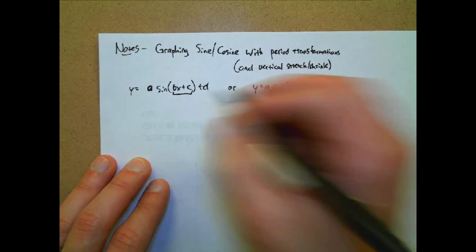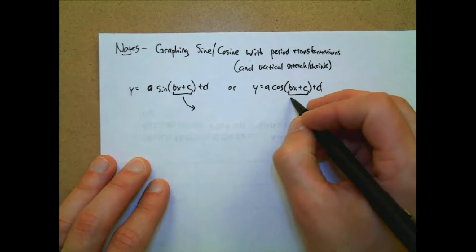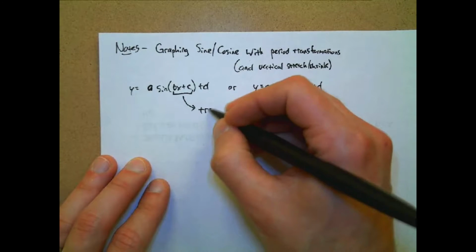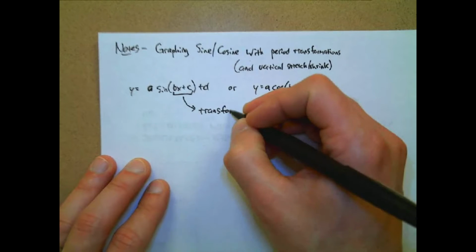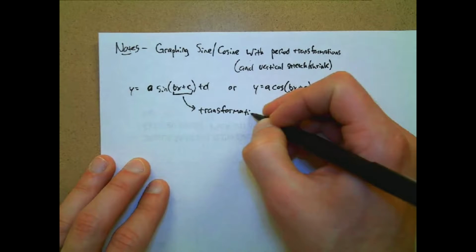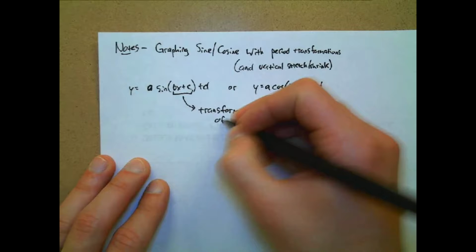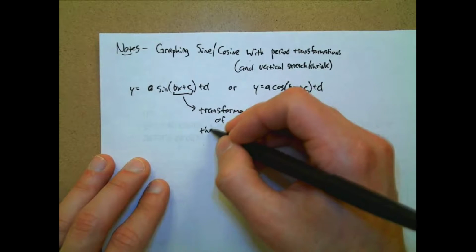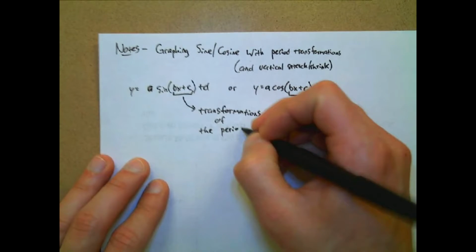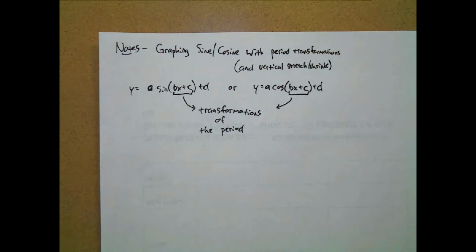Both of these result in transformations of the period. How often the graph repeats. Okay, the bx plus c part. So if you see numbers in with the x, you can know that the period of your wave, how often it repeats, is going to adjust. How often your wave repeats, that's going to change.